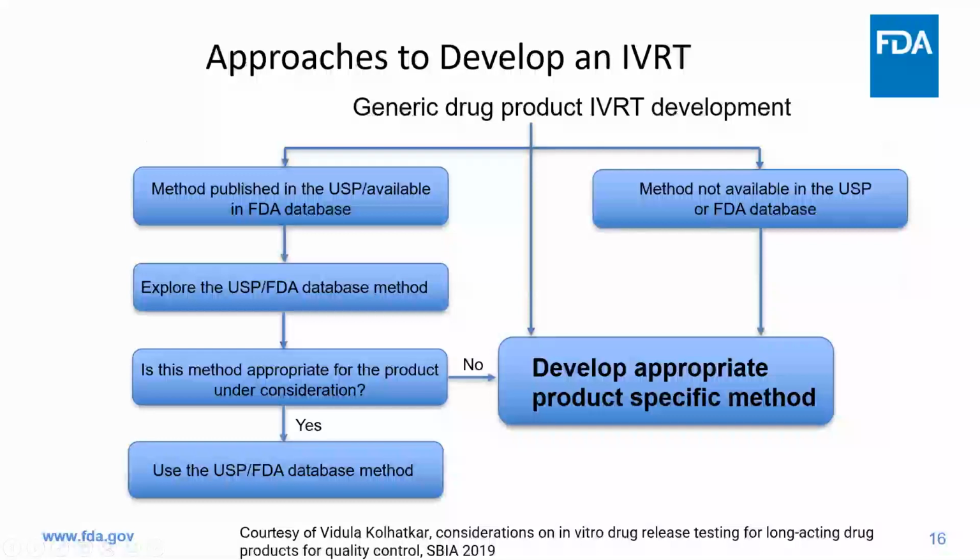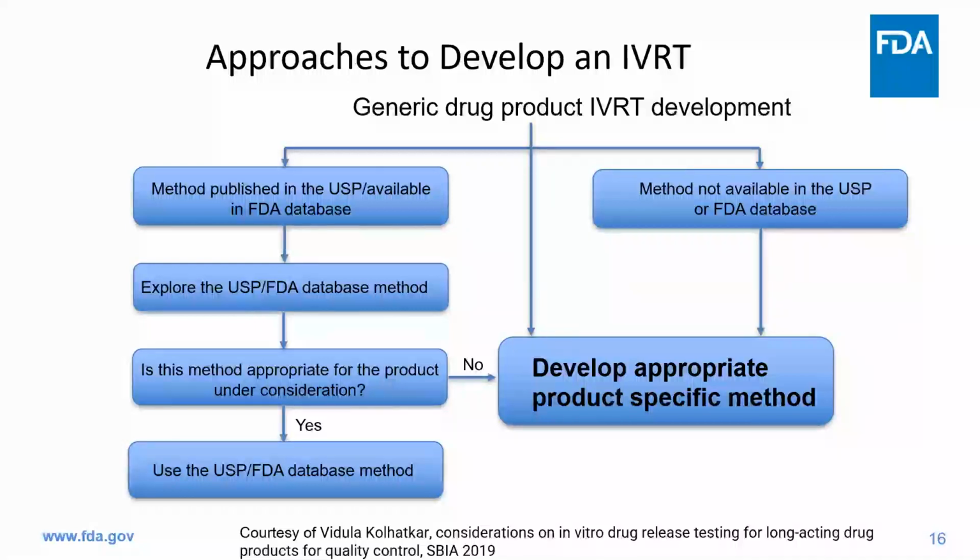So when developing an IVRT, as we mentioned here, for most of the complex products, like complex ophthalmic products, complex injectable or complex inserted products, there is no compendial IVRT method available. So in this case, you may consider developing appropriate product-specific methods for the intended products.